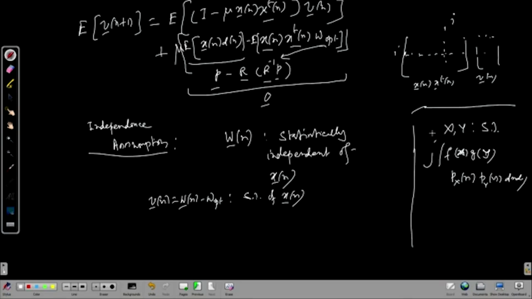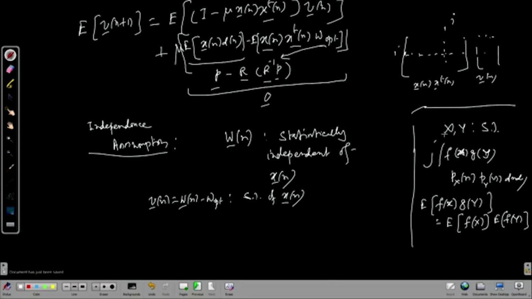not only do you have E of x y is E of x E of y, it will be for any function f x g y, if you have anything that can be separated into one function of x, another of y, and take the expectation, because the joint density also is separable now, a product of the marginal density for x and the marginal density of y, the whole integral you can separate out, okay, outer and inner integral, and that will give you the two expectations, E of f x, E of g y.